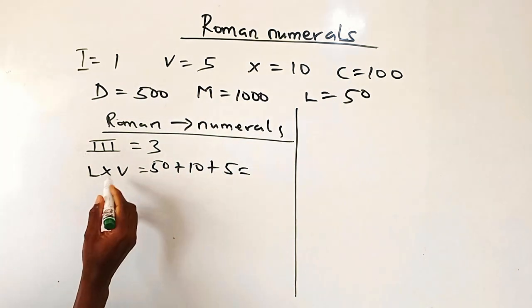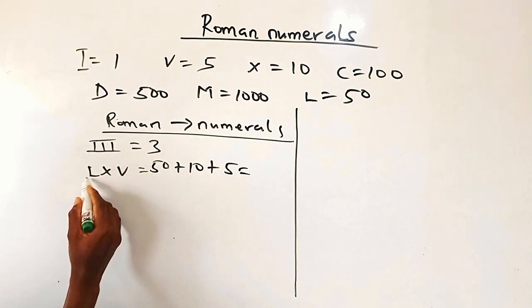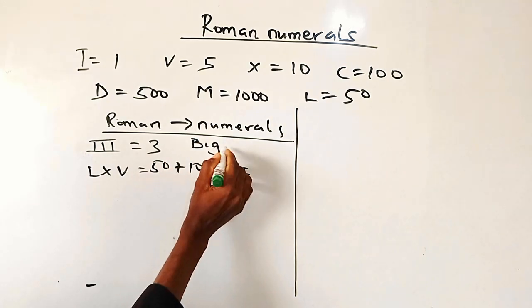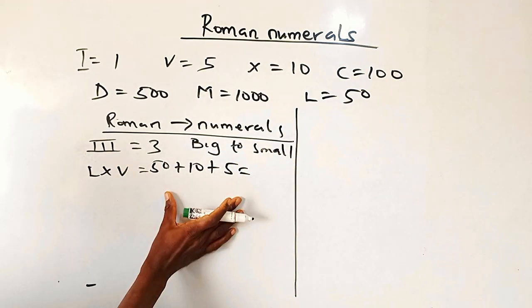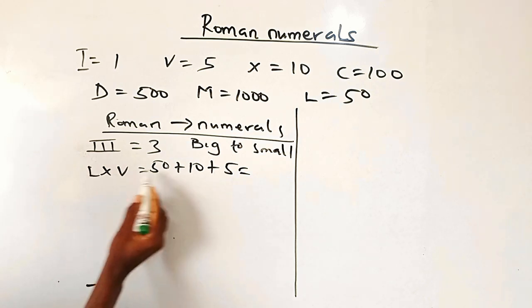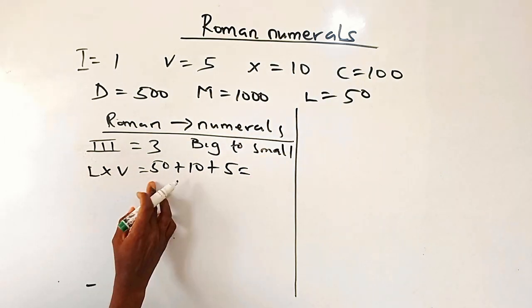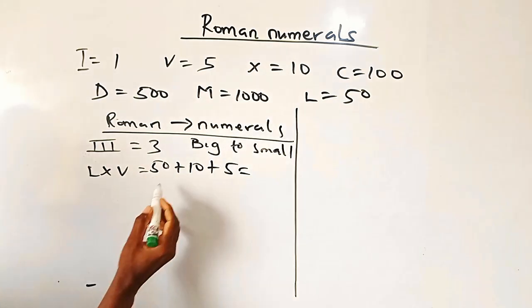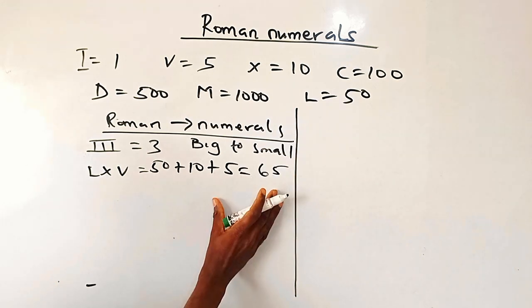You are adding because you are moving from the big numbers to the small numbers. When moving from big to small, you have to do addition. L is 50, which is a big number, followed by X, 10, followed by V. So you are descending, and when you add this up, you have 65.